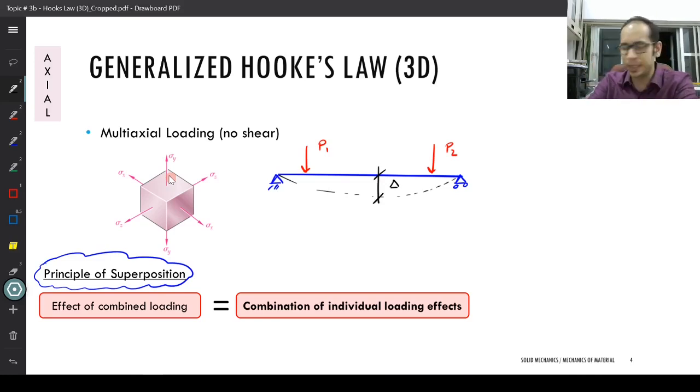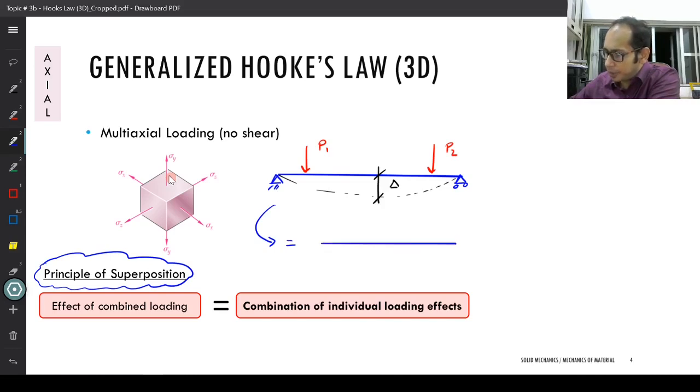If that is my objective, what does the principle of superposition state? It states that this beam can simply be expressed as the combined effect of two separate beams, for which I have the same beam.